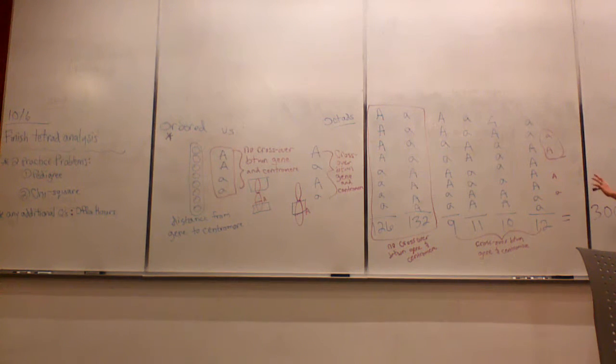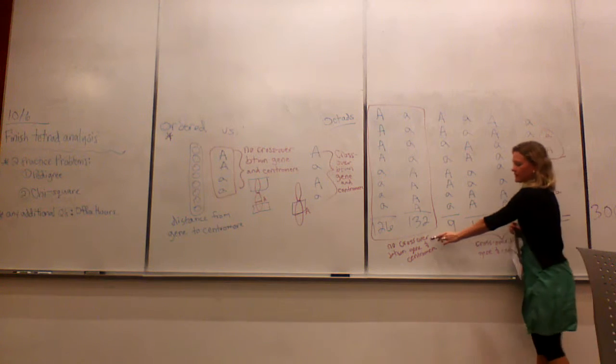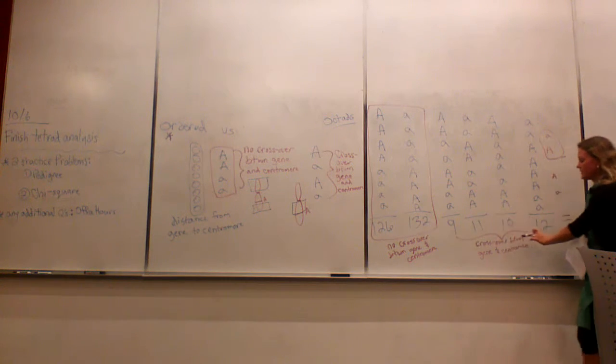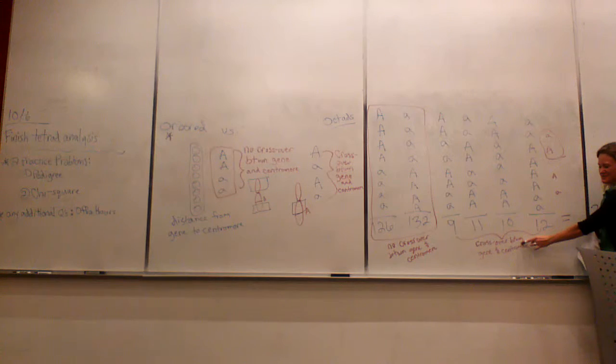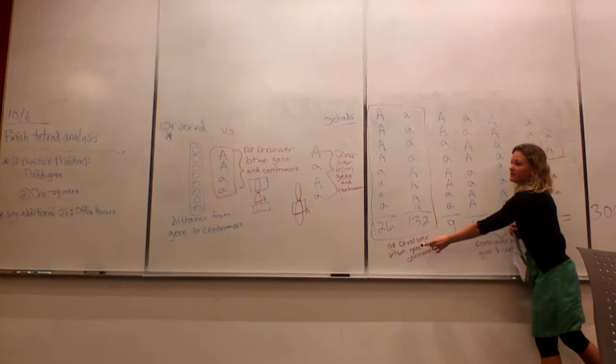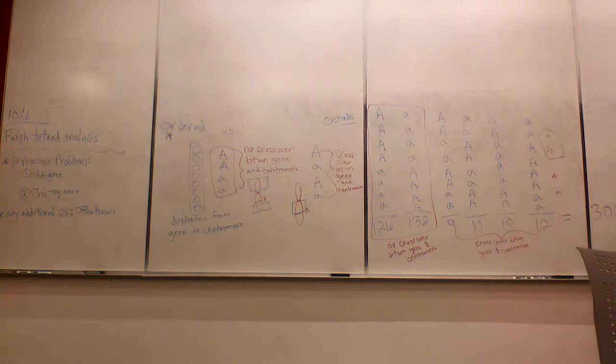So first thing you would do is look at your chart and identify which have had a crossover between the gene and the centromere, and which have not. Kind of block those out. And then you're going to add up, because ultimately we're trying to find the centromere to gene A distance, right?